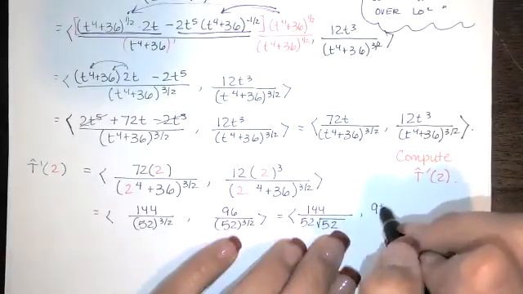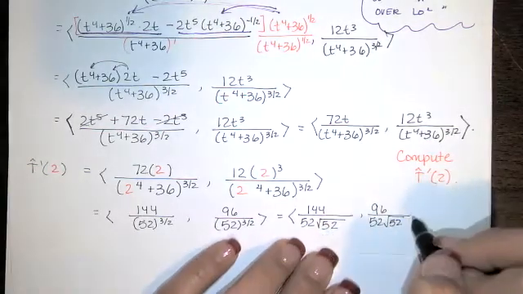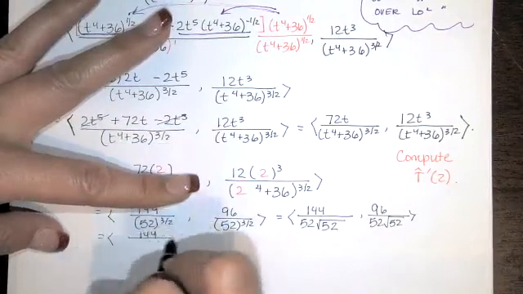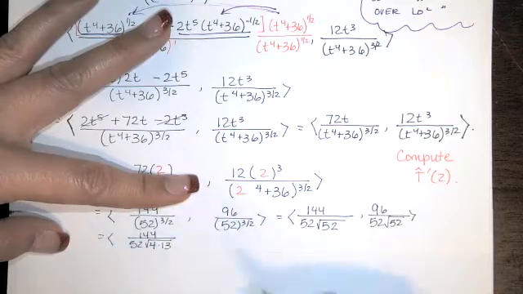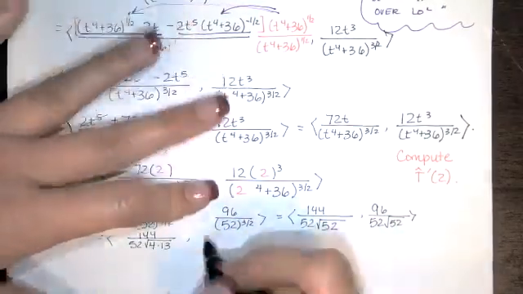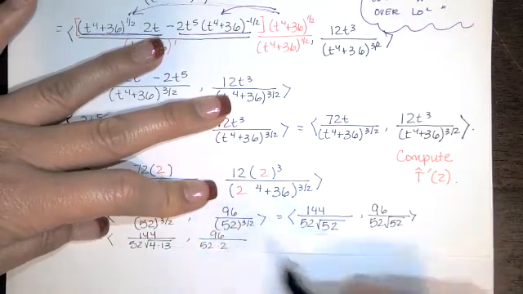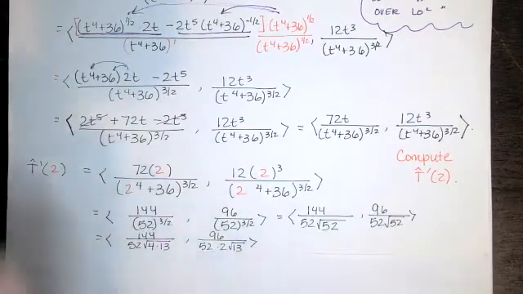And then over here, we're going to have the same type of thing. And of course, 52 has a perfect square as a factor. 52 is the square root of 4 times 13. So I'll have 52 times the square root of 4, which is 2, times the square root of 13, in those denominators.